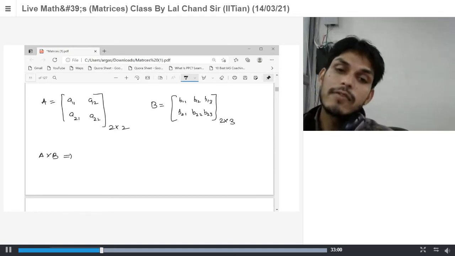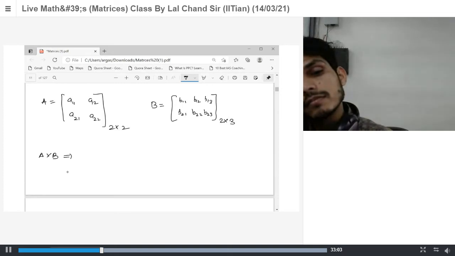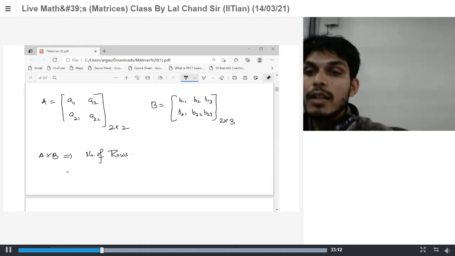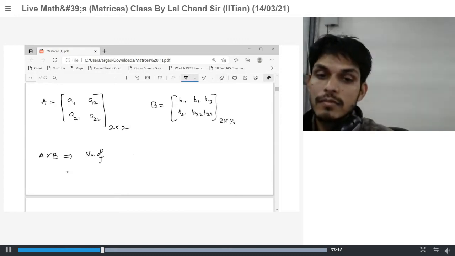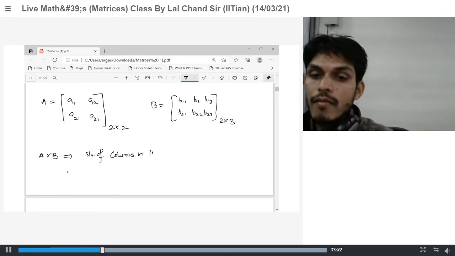Now if I would like to define A cross B, let us check that the number of columns in A should be equal to the number of rows in B. So let us check that: 2 is equal to 2.